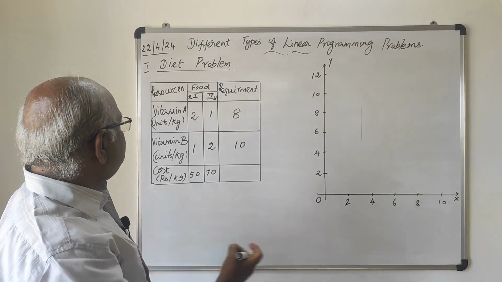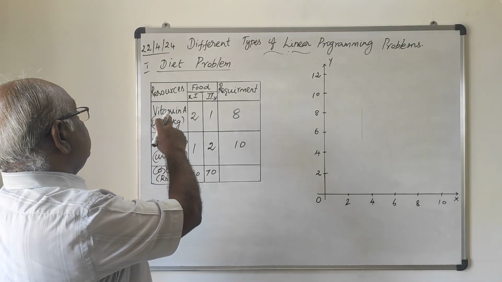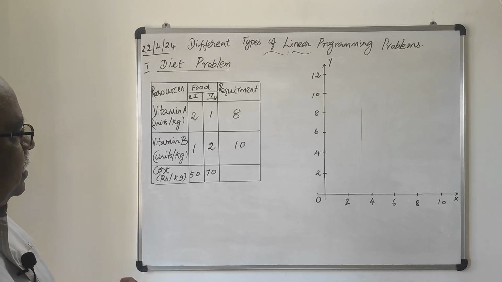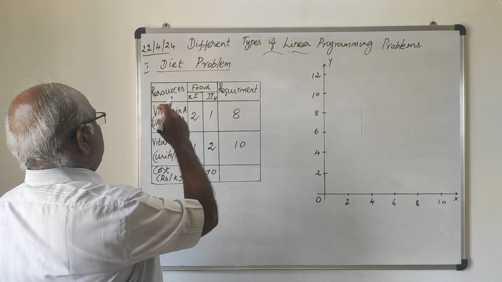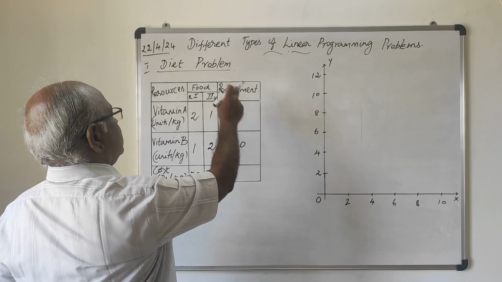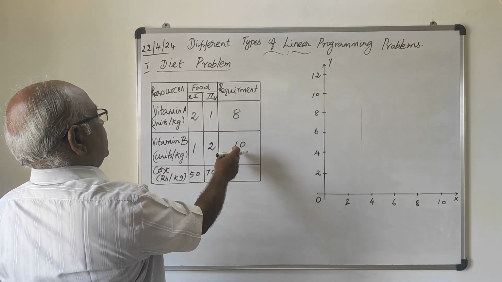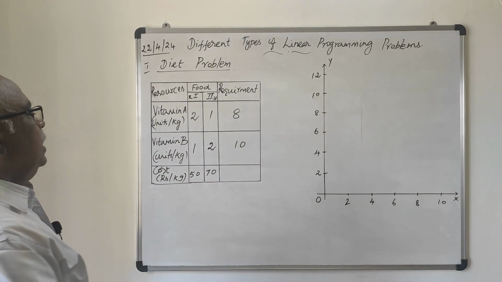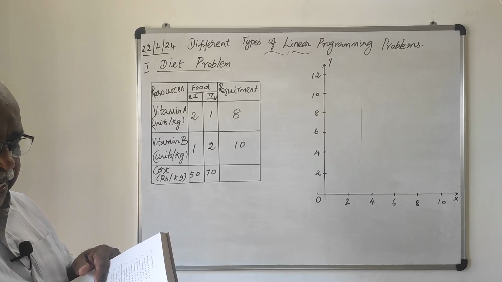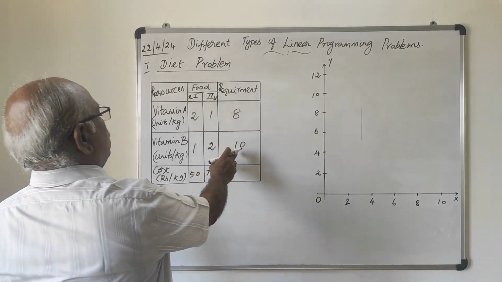This problem states that a dietitian wants to mix two types of foods, say type 1 and type 2, in such a way that the mixture contains at least 8 units of vitamin A and at least 10 units of vitamin B per kg.